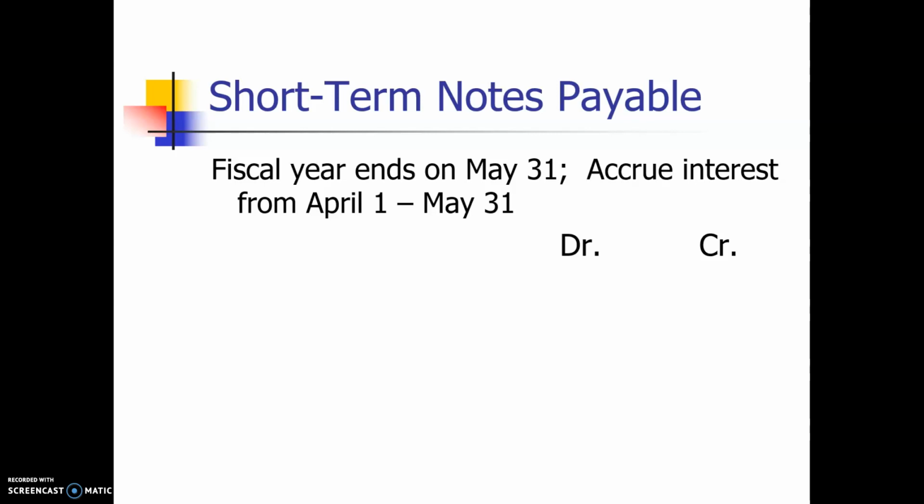We can't wait till July 1st to record the interest expense because some of that interest expense was incurred in this accounting period. Actually, April and May, 2 of the 3 months of interest expense was incurred in this period. So we have to make a journal entry to record the interest expense that had been incurred as of May 31st, right? If it happened in this accounting period, it needs to be recorded on this accounting period's financial statements.